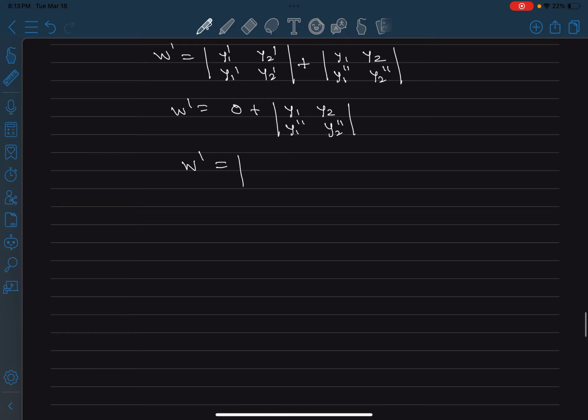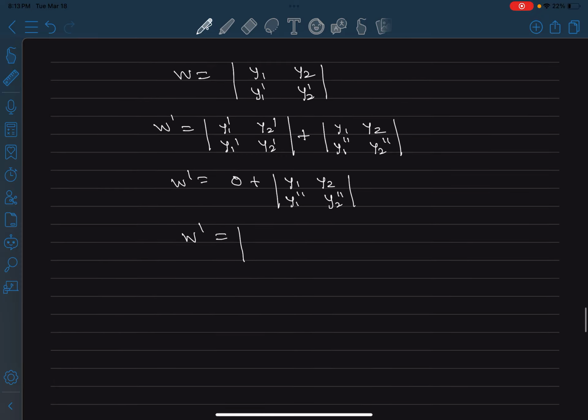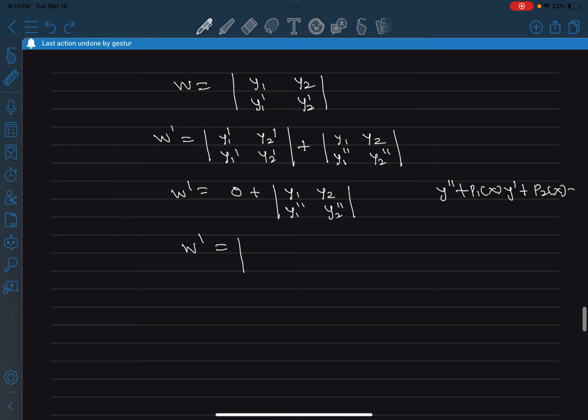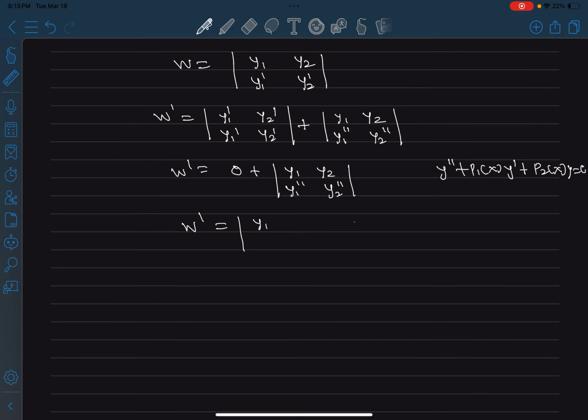What we can do is, since we know that our main differential equation was just y double prime plus p1 of x y prime plus p2 of x y is equal to 0, we can use this to get negative p1 of x y prime negative p2 of x y over here, this is y1, and then y2 prime minus p2 of x y2, right?